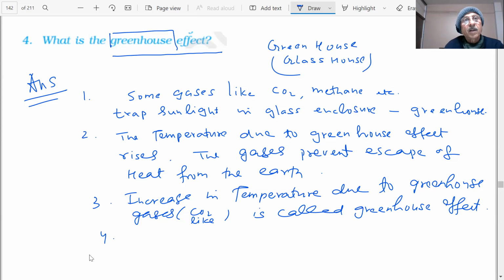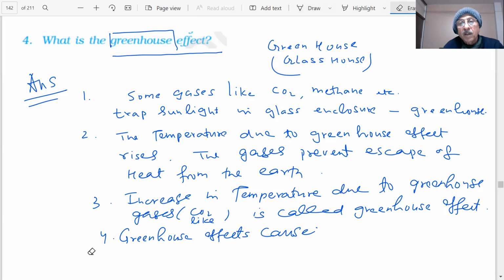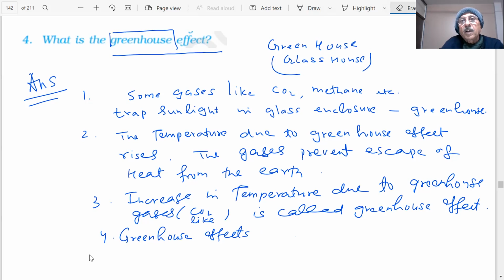And what is the consequence of the greenhouse effect? What does it cause? The greenhouse effect, students, is the cause of global warming.